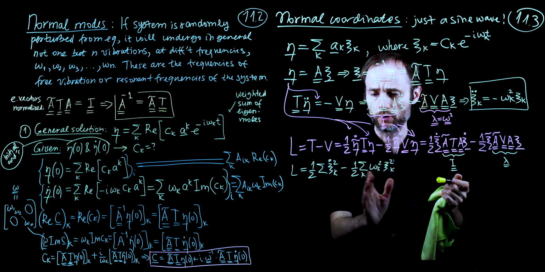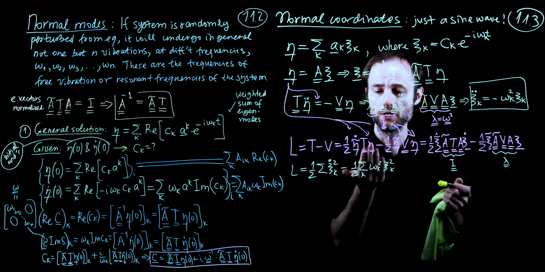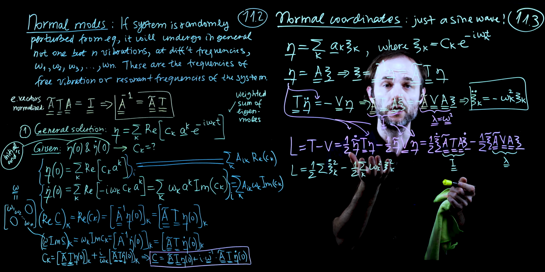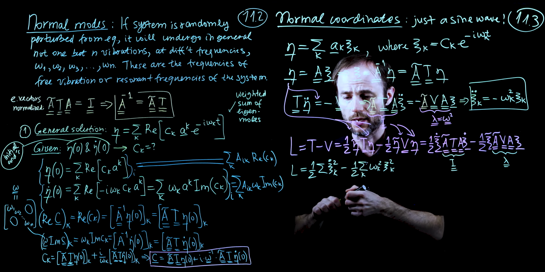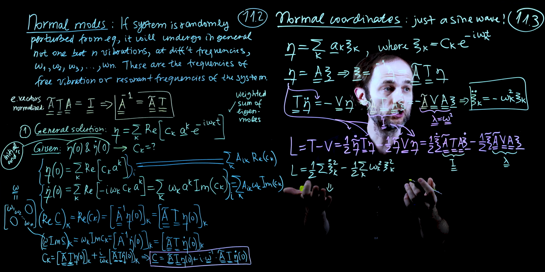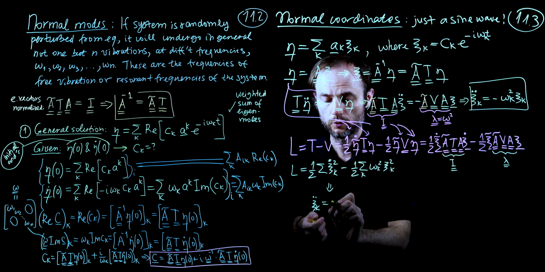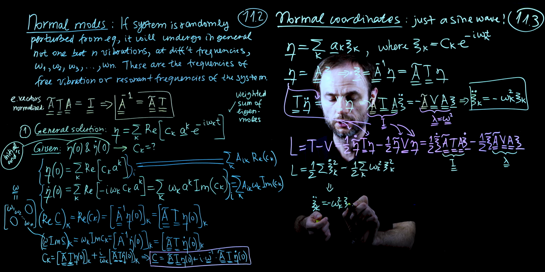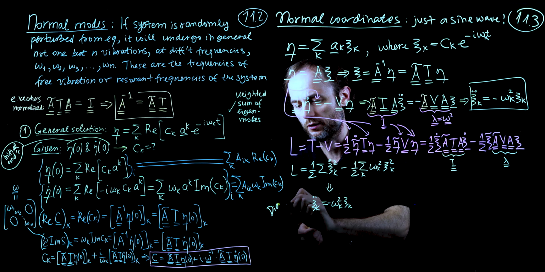So indeed, our Lagrangian is simply the sum of the individual kinetic energies of the oscillators minus the sum of the individual potential energies of each of the oscillators. And from here, we of course can write down the equations of motion for each of these oscillators just like that. Psi k double dot is equal to minus omega k squared times psi k. So what we've done is we've diagonalized the Lagrangian.